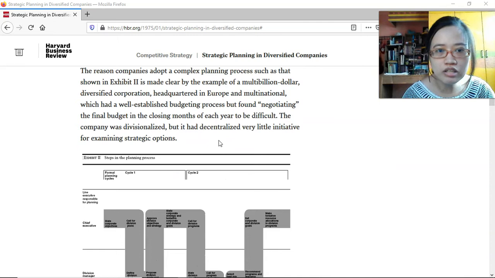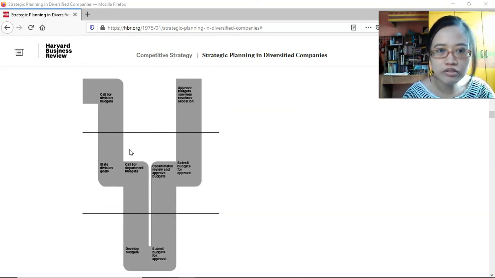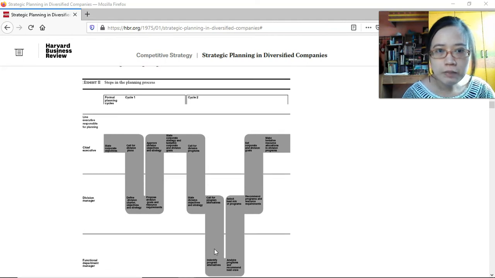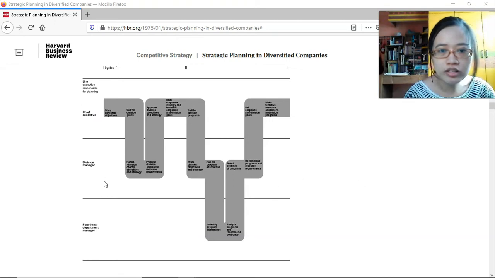Next. Okay, so ito na yung cycle. Bali, cycle 1, cycle 2, then you have your cycle 3 dito. Basahin ko lang, masyado maliit. So, ito yung part na to, top management ito, and then this one is the divisions, tapos itong nasa kababaan, the functional areas. Okay, so yung pinaka-top, what they do is, they state corporate objectives, tapos they call for division plans, okay?